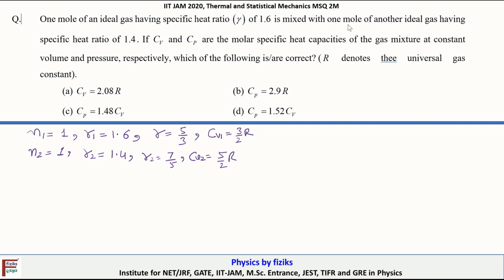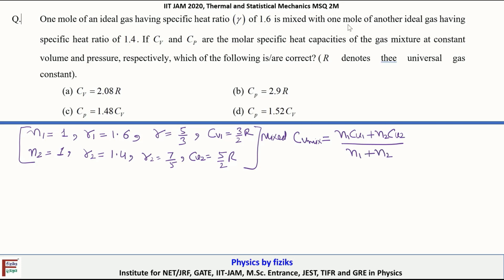Now when these two gases are mixed, the common heat capacity for the mixture, if I denote that as Cv mix, is equal to N1 Cv1 plus N2 Cv2 divided by N1 plus N2.